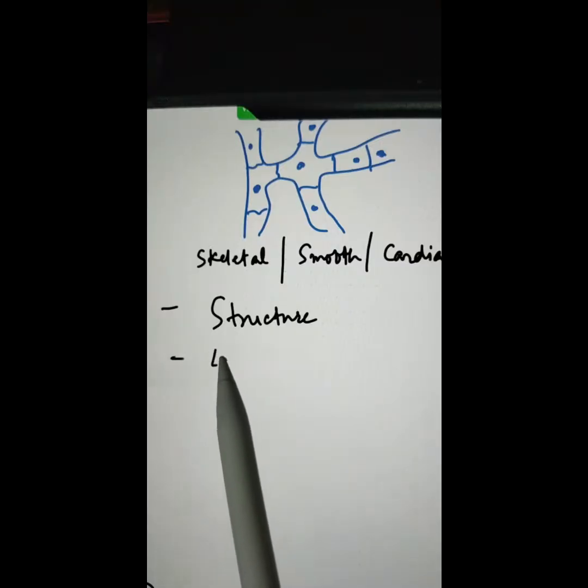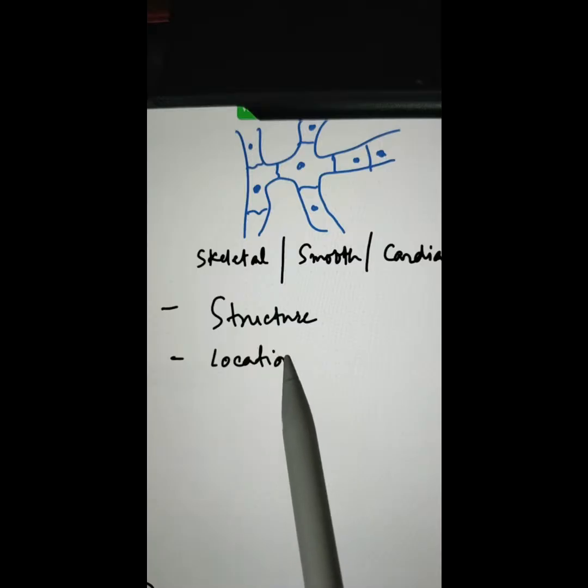Now, the second thing that you can tell is about their location. For skeletal muscles, you can write that they are present in our forelimbs or hind limbs, means in our arms and in our legs. Smooth muscles के लिए आप क्या लिखोगे? They are present in our food pipes, stomach, intestine, bronchi, bronchioles, etc. For cardiac, what are you going to write?